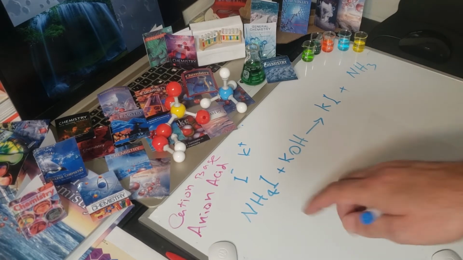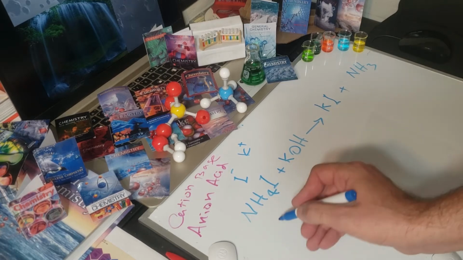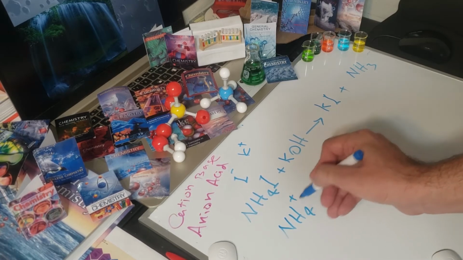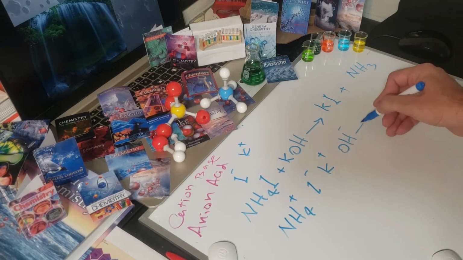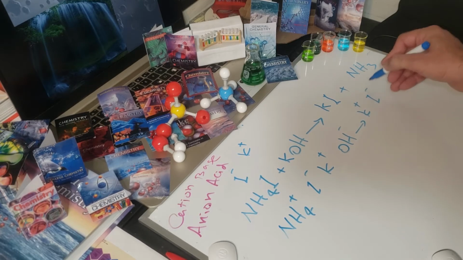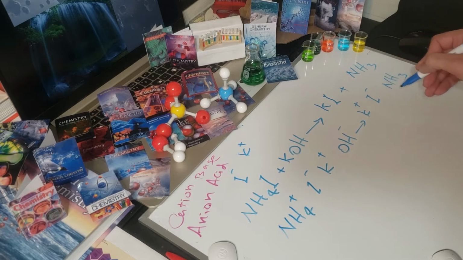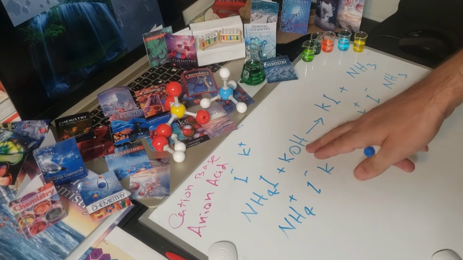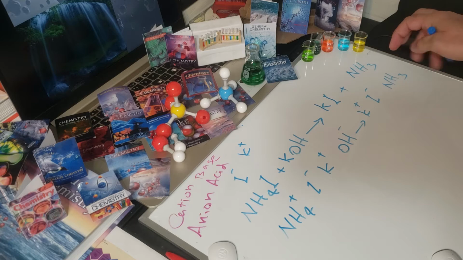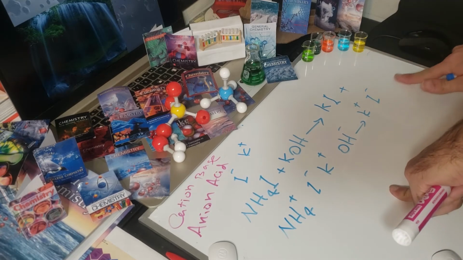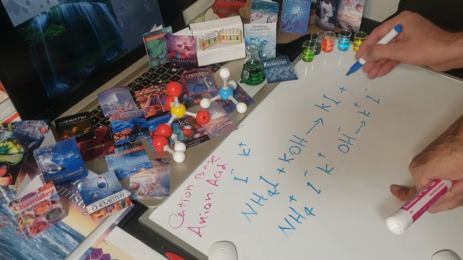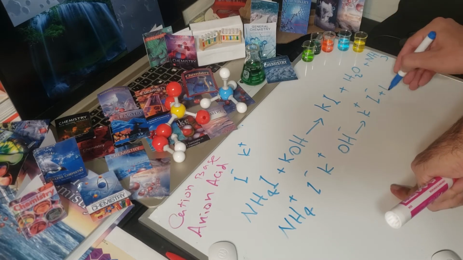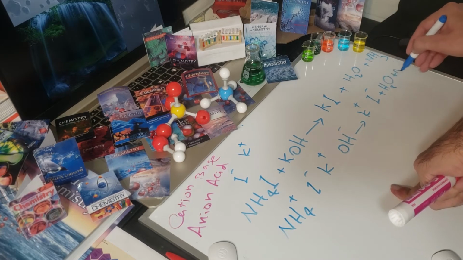So now let's write down the ions. NH4 plus, I minus, K plus, OH minus, giving you K plus, I minus, NH3. And also, if you have one OH minus, I have to add the number of waters myself. So NH3 and 1 H2O.